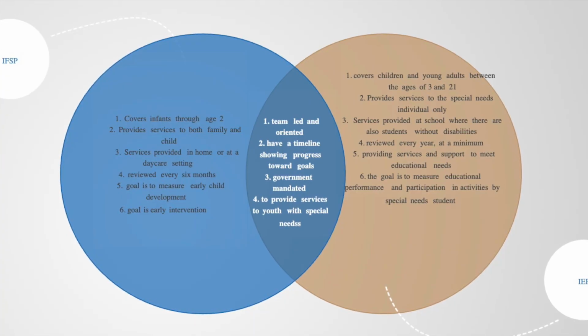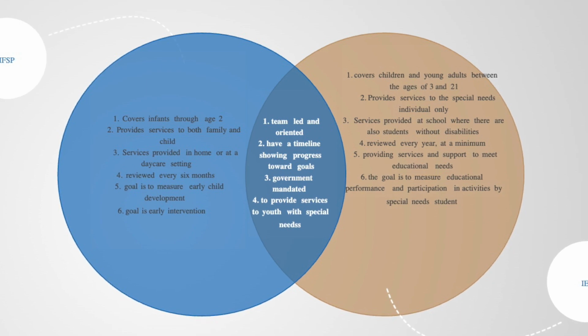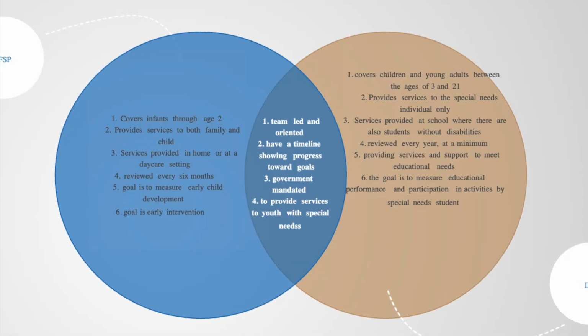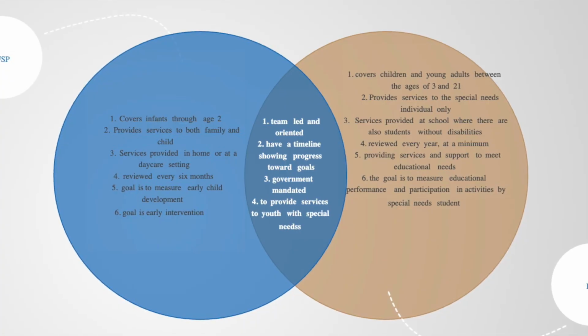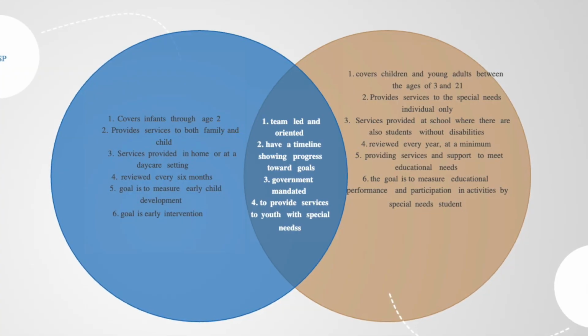They also have differences in their overall goals and what their overall intention is. So when it comes to IFSP, the goal is early intervention and measuring early childhood development. But when we go over to IEP, the goal is to measure an individual's educational performance and ability to participate in activities.